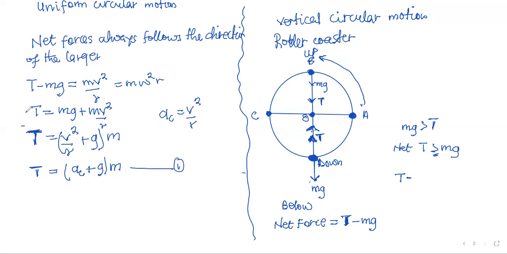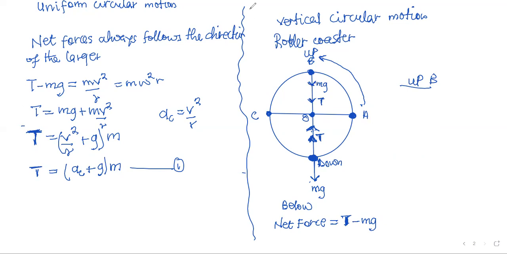Let's also consider above the circular path. What will be the net force? So above, or up the circle at point B, what will be the expression for the net force? Somebody should help me.